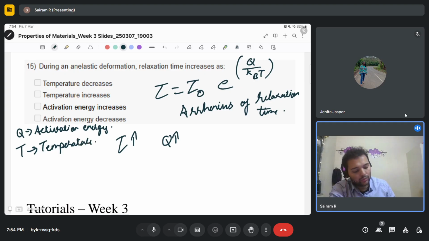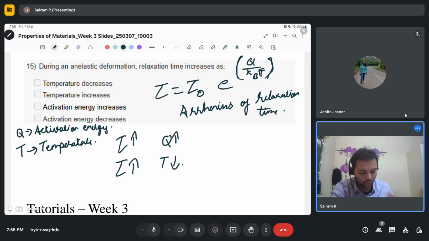We would like to increase the exponent of e given here. When we are able to achieve that, we would be able to increase the relaxation time. So how do we go about it? We either increase Q or decrease T. So tau will increase if we increase Q, and tau will also increase if we decrease T. If temperature decreases, tau will increase.